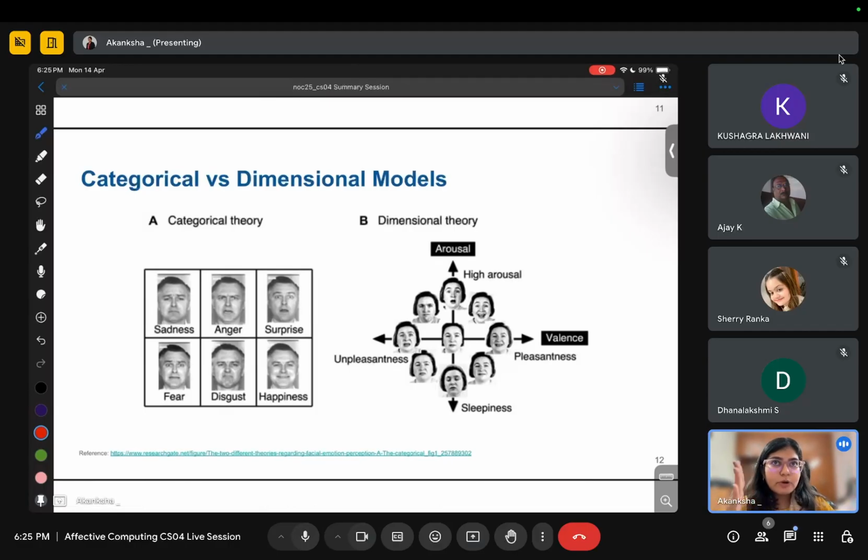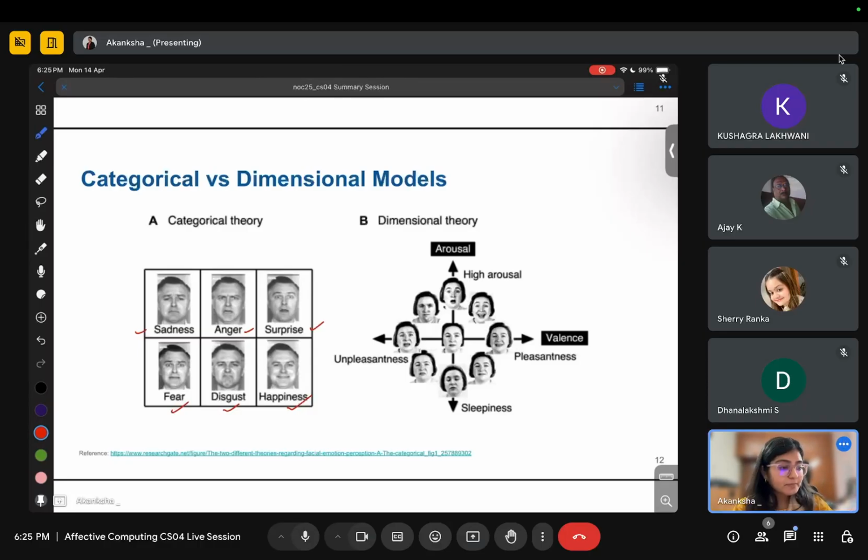Do you understand the difference between discrete and continuous? Discrete is, I have formulated 6 categories: sadness, anger, surprise, fear, disgust, or happiness. If I'm feeling something and I want to give it a label, I can choose out of these 6 labels and say, okay, I am feeling happy.